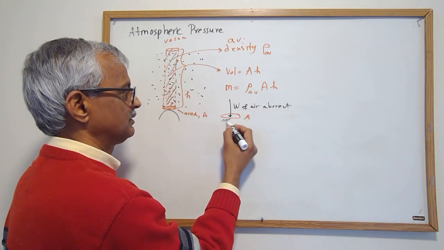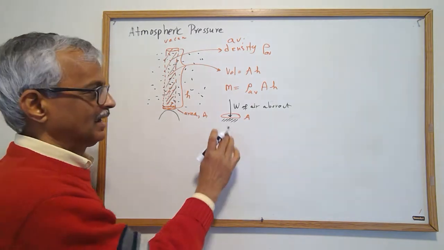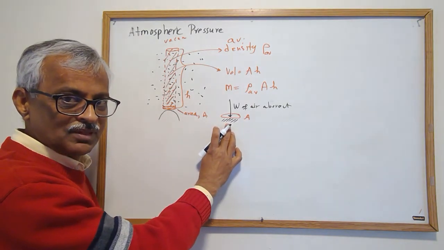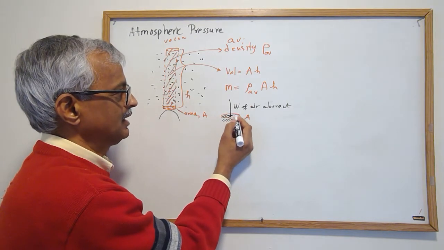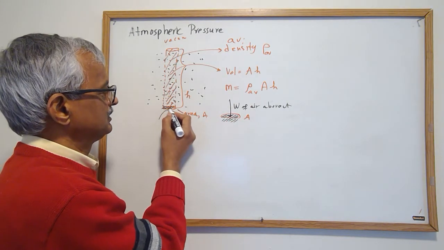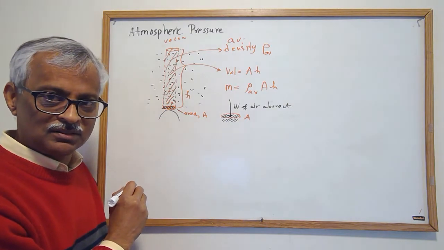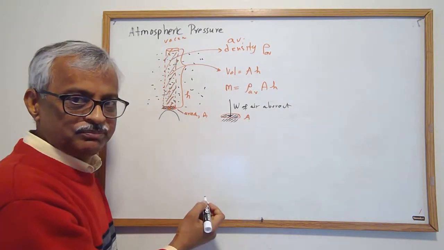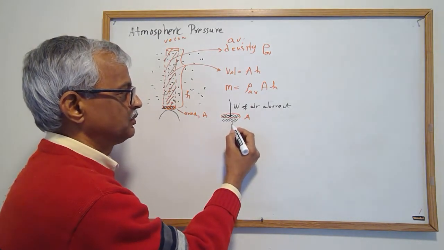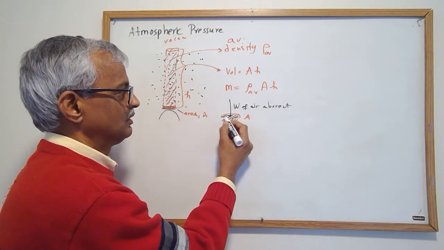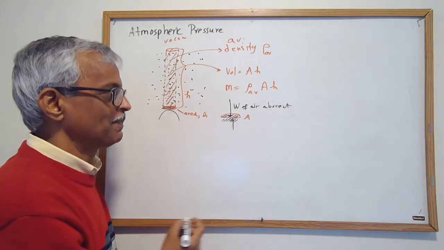So if I look below, the gas here, whatever is here, on that there's a force, so there has to be another force in order for these to be balanced, right?